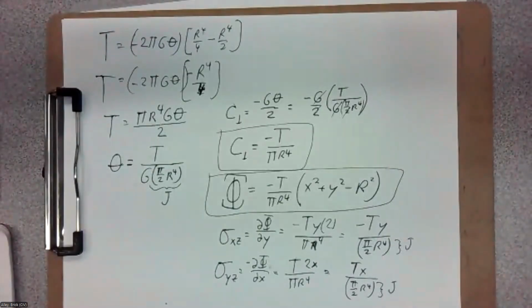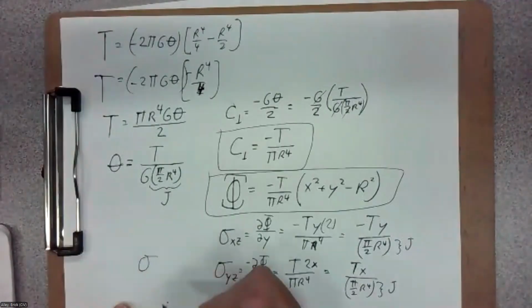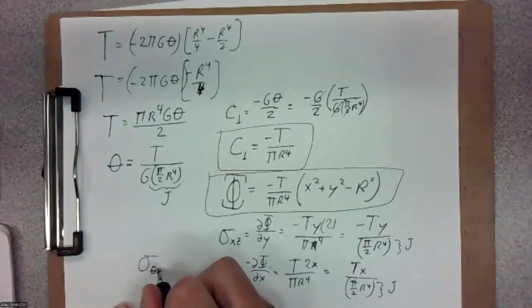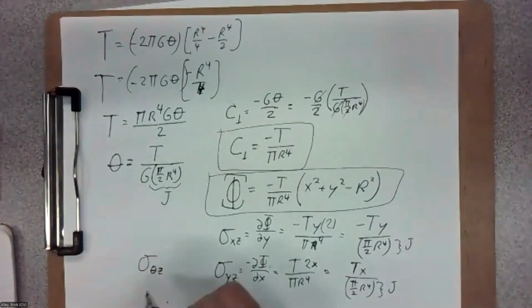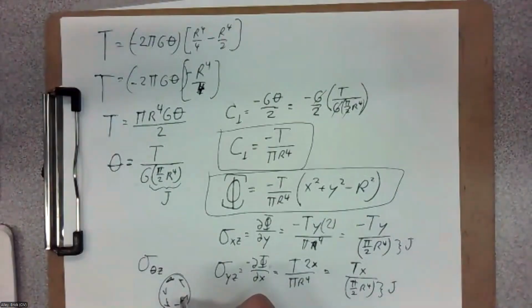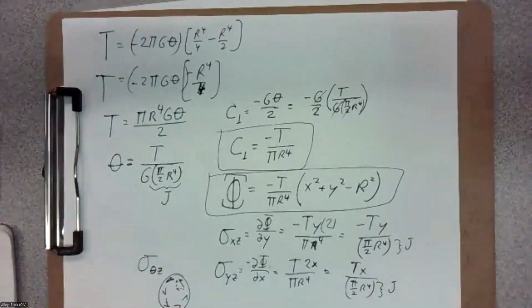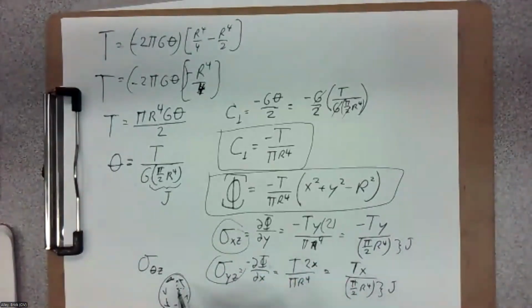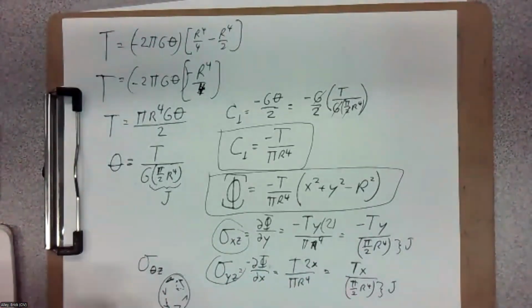Now what we're used to is Tr over J for the stress. But remember, we said that stress was actually a sigma theta z, a tangential stress that's always going in the tangential direction. Now we've broken that into two pieces, an x and a y piece, wherever we are. So these are just components of that tangential stress.